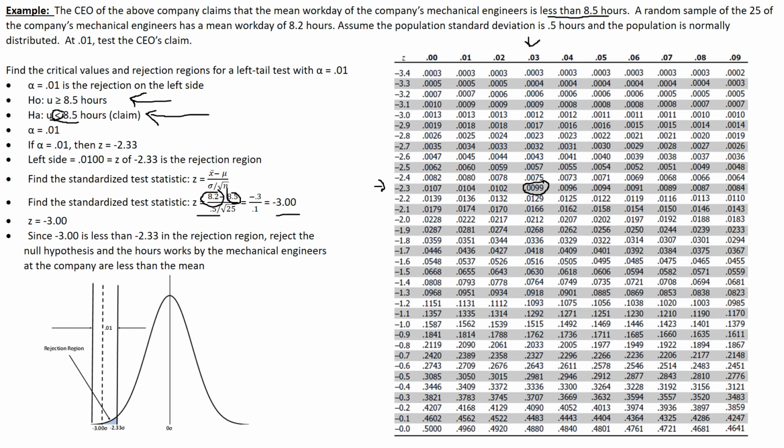Z is negative 3.00. Our make or break region, our alpha, is negative 2.33. Negative 3.00 is less than that. It's in the rejection region. So we're rejecting the null hypothesis. And that means it supports the claim they are working less than 8.5 hours.